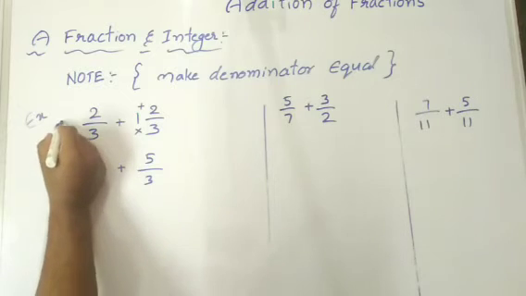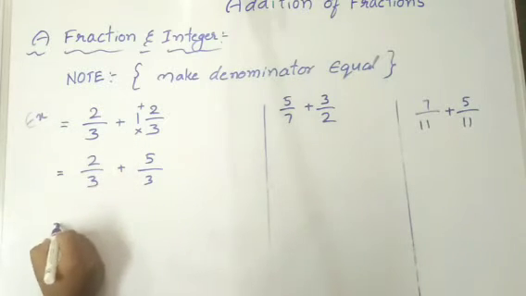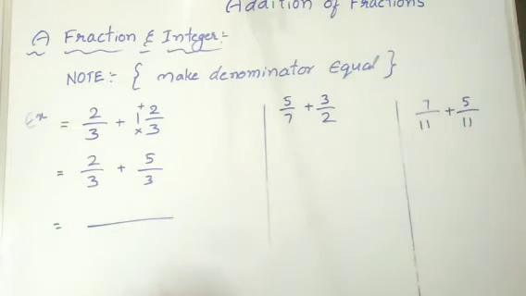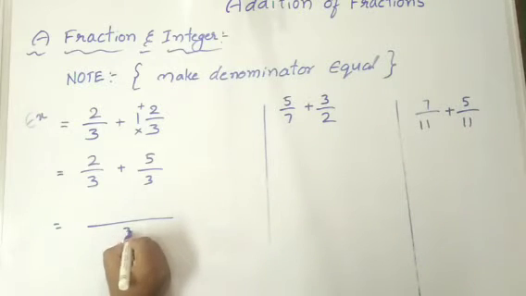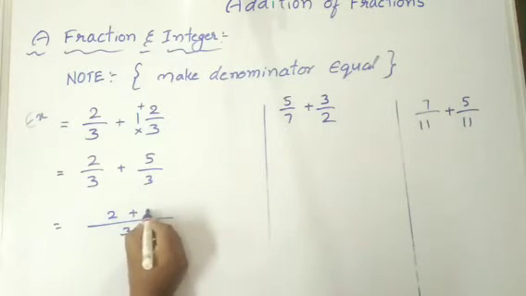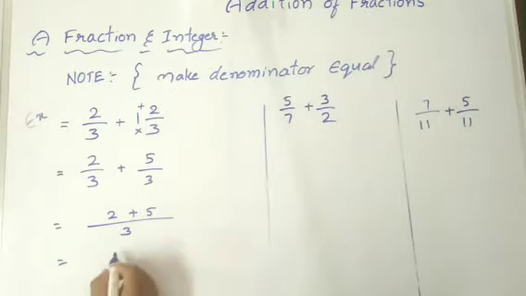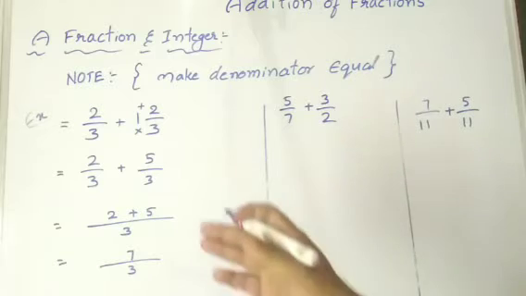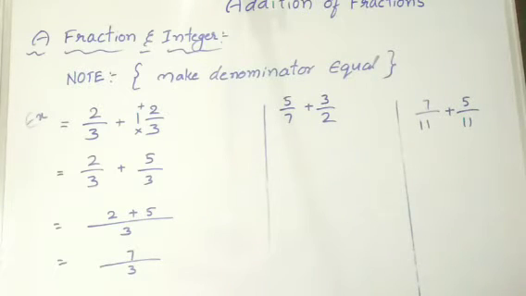Now it is very easy because the denominators are equal, so I simply add the numerators. Now it becomes 7 by 3. So first itself I said that by seeing the question, with one proper fraction and one improper fraction, the resultant is an improper fraction.